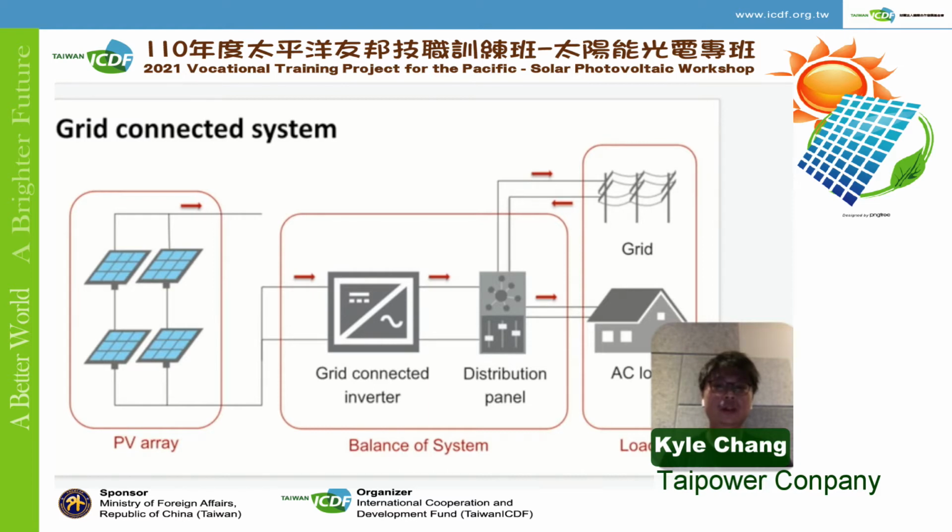In the grid connected system, there are two main components: a PV module and a grid connected inverter. In this case, the PV module is responsible for the power generation. The PV generated power is not only able to meet the load requirement.